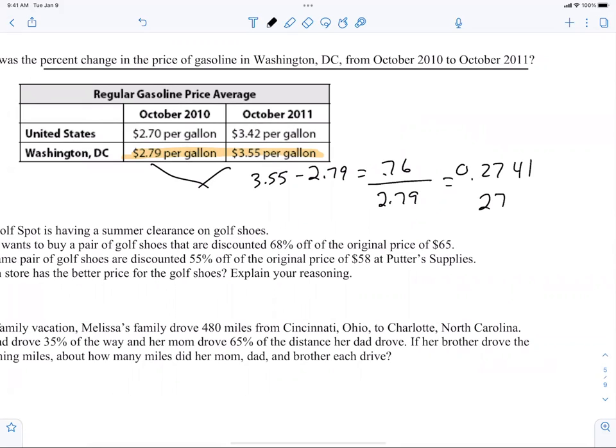So that's about 27.4%, right? Yeah. That makes sense. Good. Remember, whenever you want to find a percent, it's the change divided by the original amount.